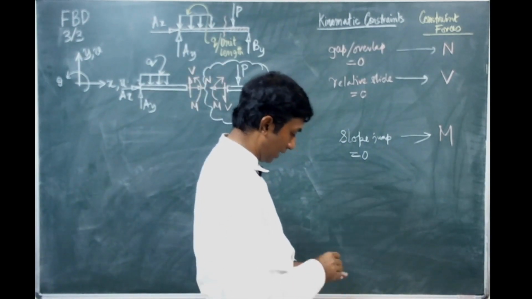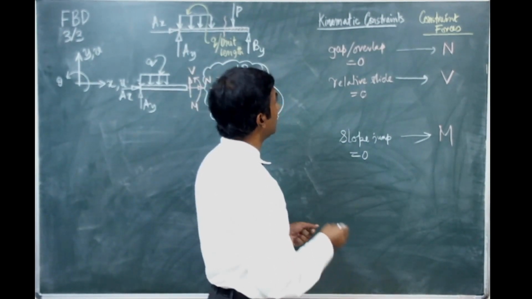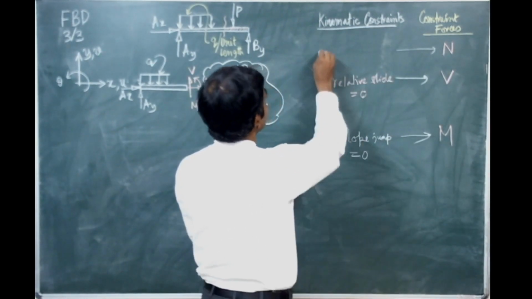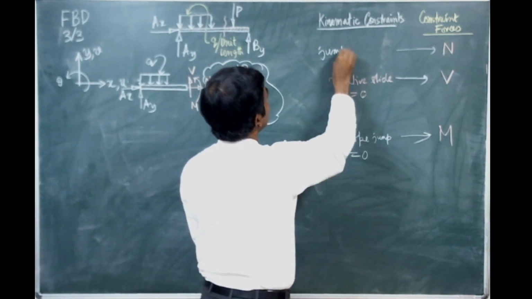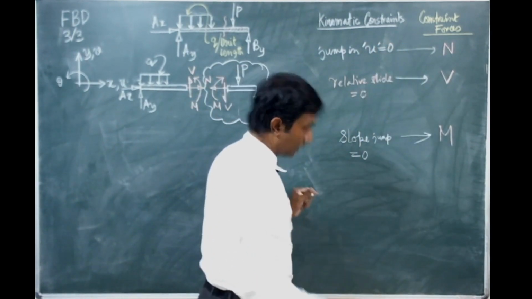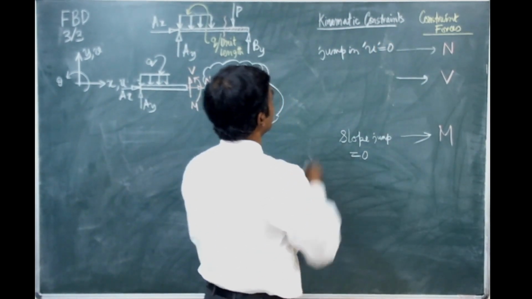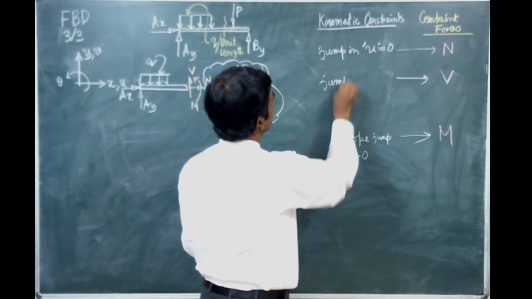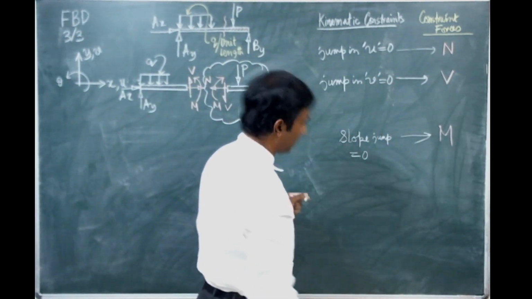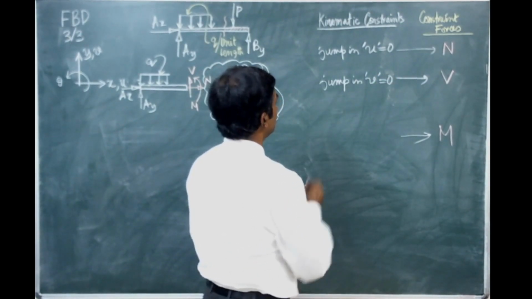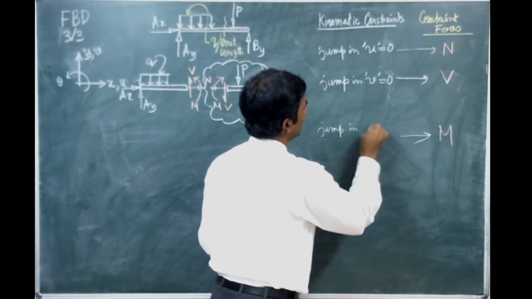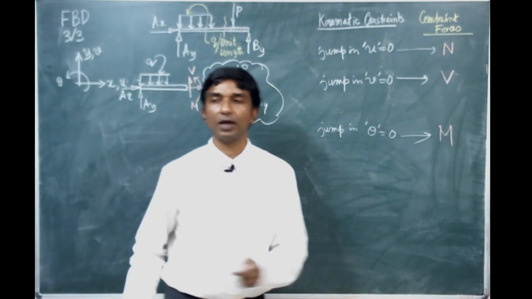Okay. So what we have learned, we have seen that jump in u should be 0, the kinematic constraint. Jump in v should be 0, second kinematic constraint. Jump in theta should be 0, that is also a kinematic constraint.